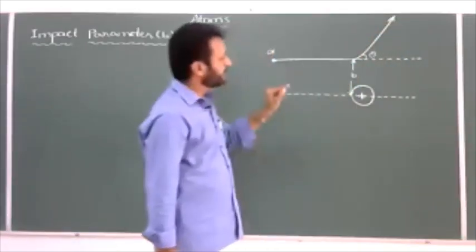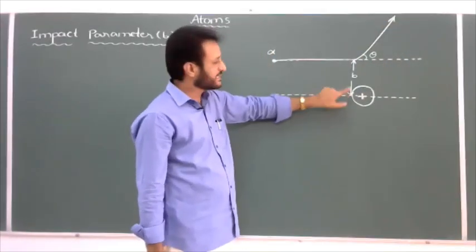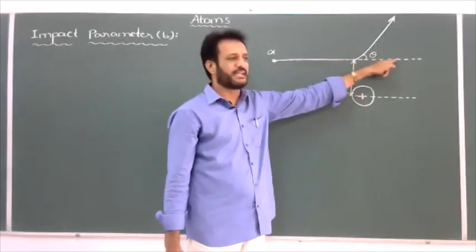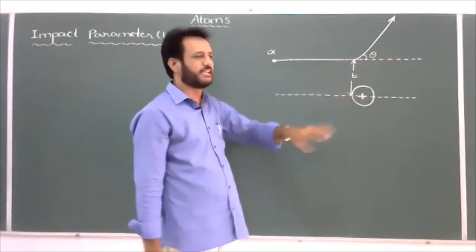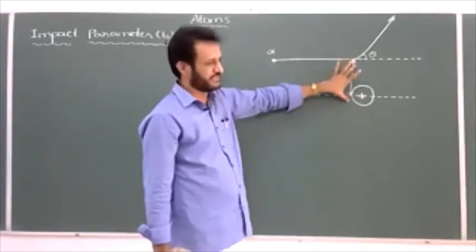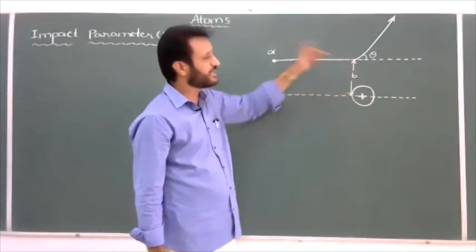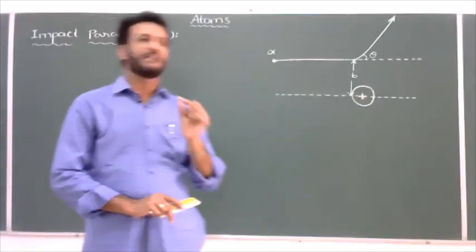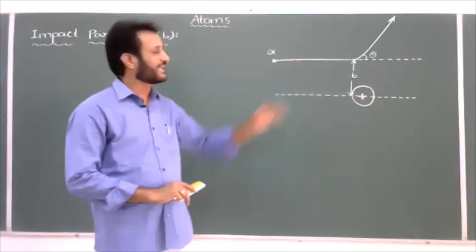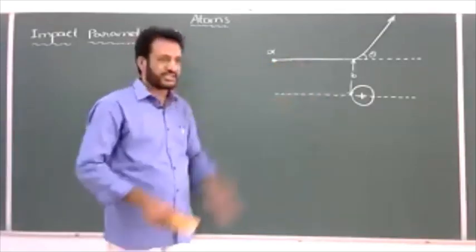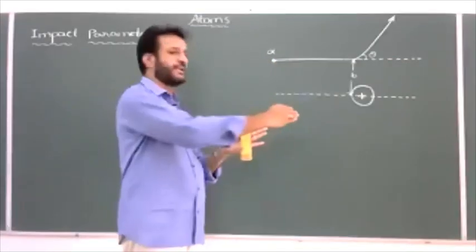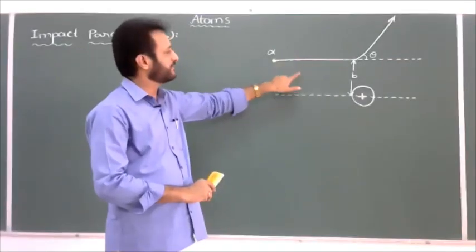The perpendicular distance from the center of the nucleus to the initial trajectory of the alpha particle is known as the impact parameter. The use of the impact parameter is that we can find the path, the shape of the trajectory of the alpha particle, whether it is a straight path or retracing, so we can understand the trajectory.